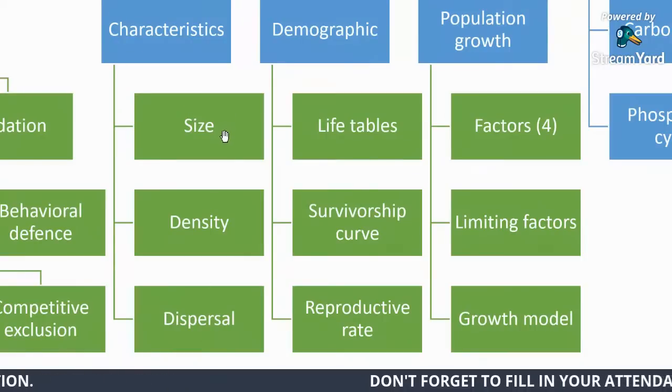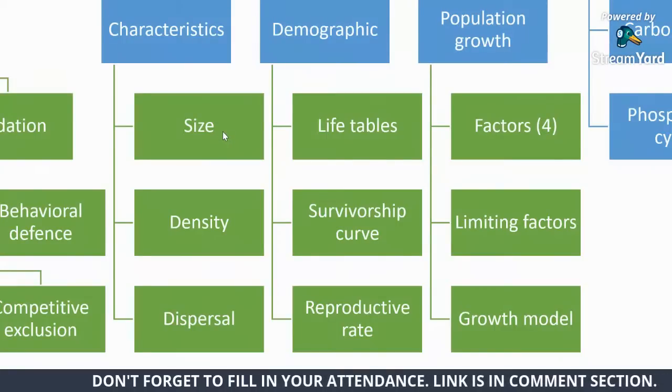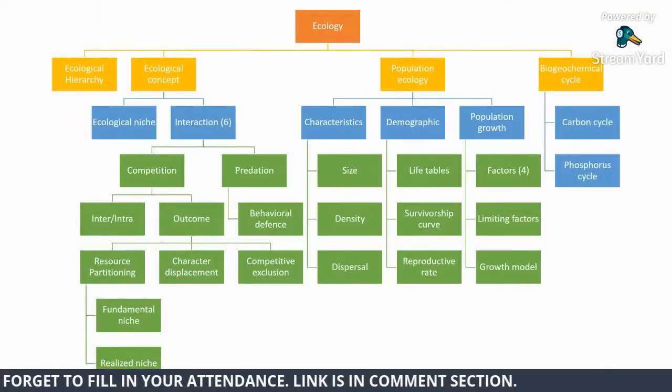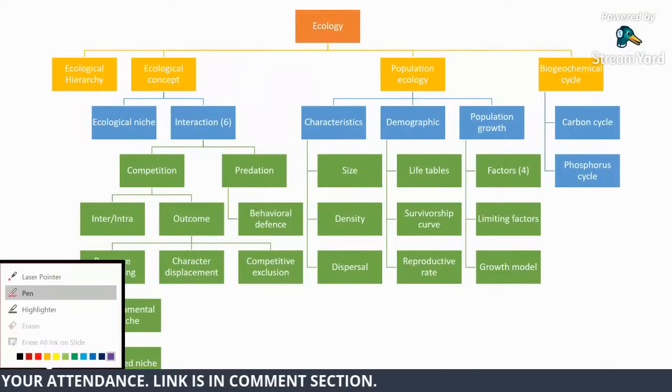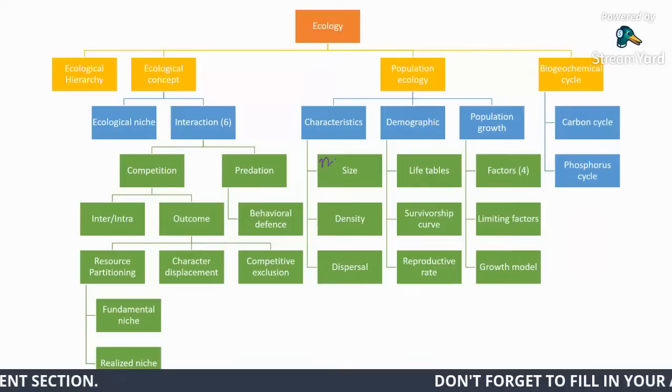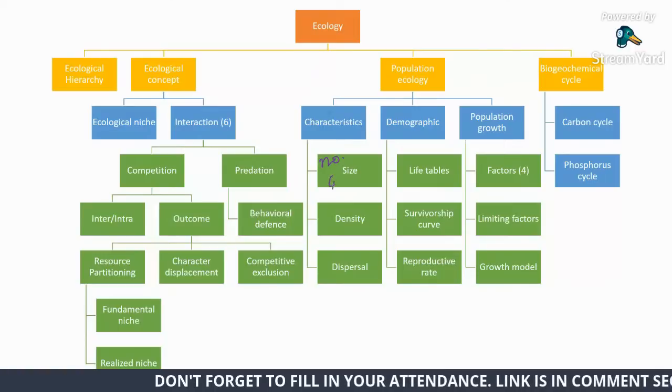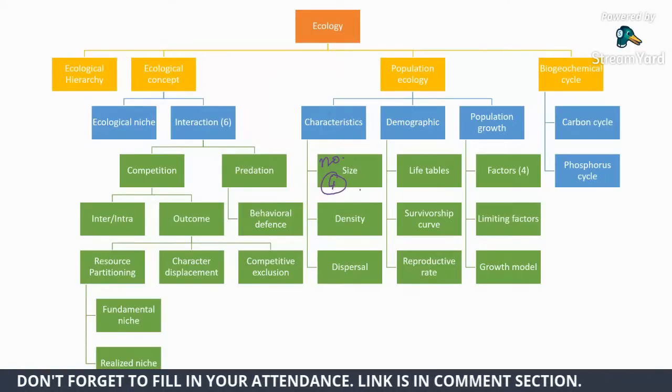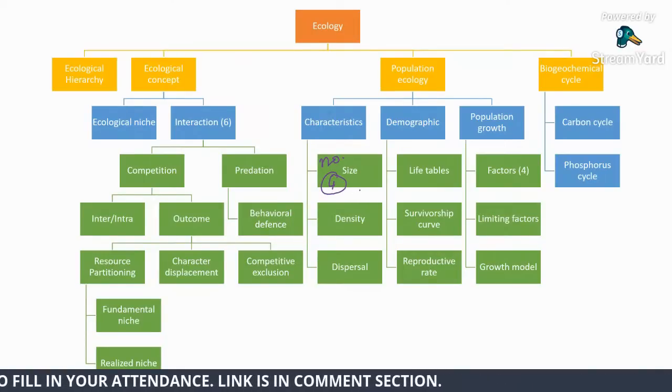So population size is the number of individual. Alright, so population size is the number of individu, and ada 4 faktor yang boleh mempengaruhi population size. They are birth, death, immigration and emigration.